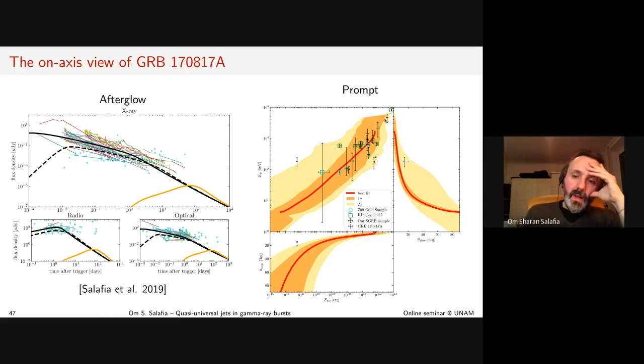And then you have a sample of short GRBs with measured redshift in black, and as you see, the median of the distribution.